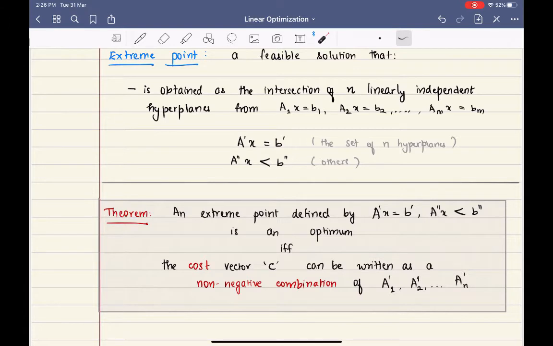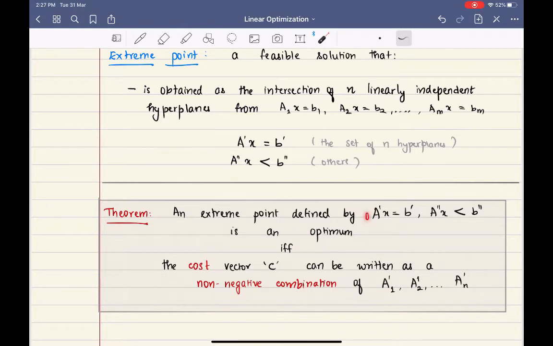We will visualize this better soon, but remember that when an LP has an optimum, the optimum occurs at an extreme point.